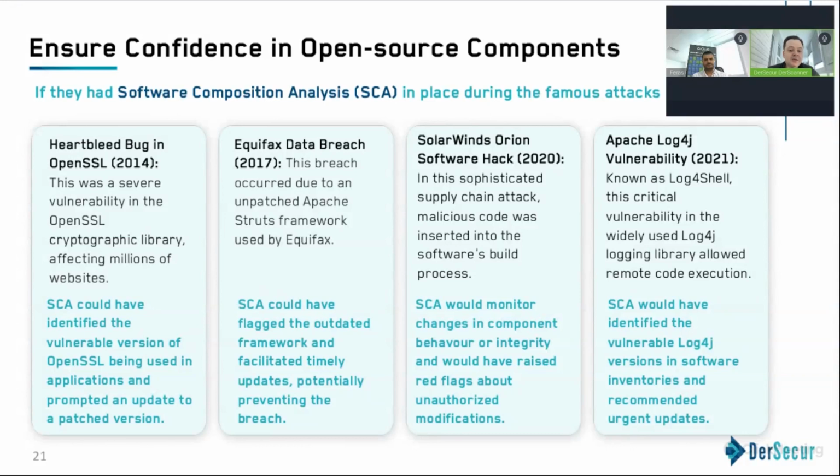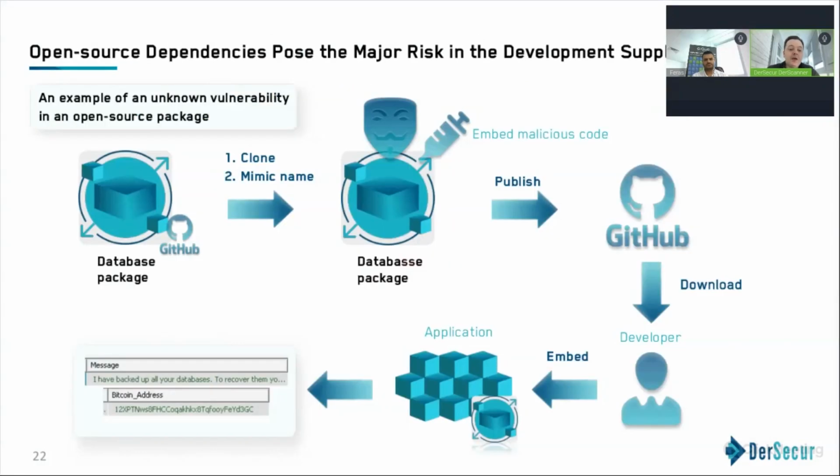In that case, with software composition analysis enabled, they would have been flagged about outdated frameworks, facilitating timely updates and preventing potential data breaches. So with software composition analysis, you're able to find the known vulnerabilities inside your open source code.